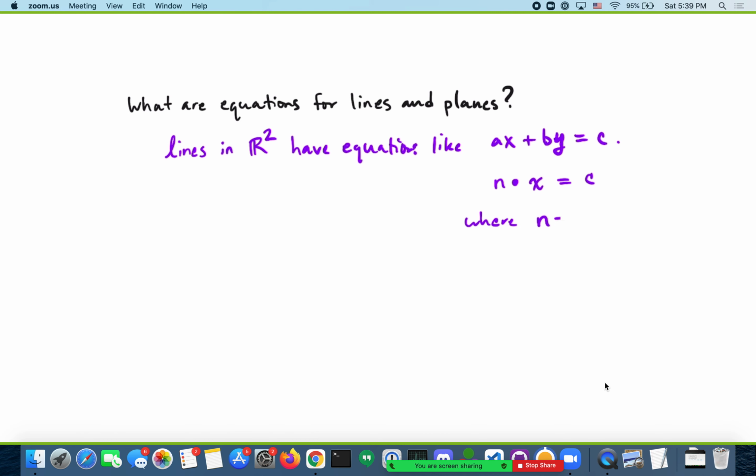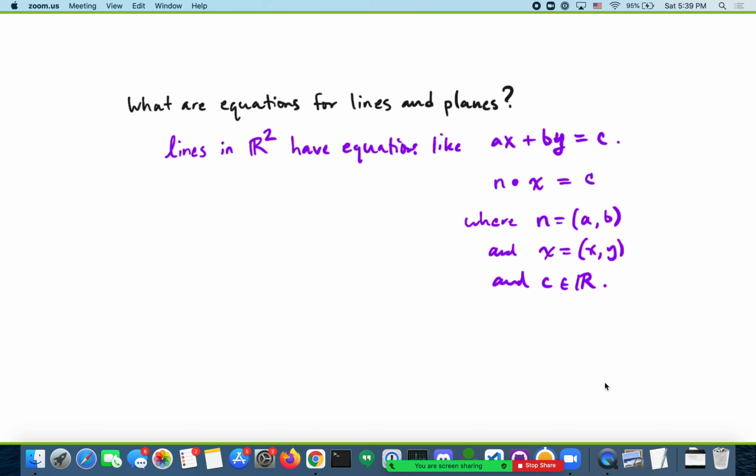where n is some vector, in this case maybe it's (a, b), and x is (x, y), so this is sort of silly notation, and c is a real number.